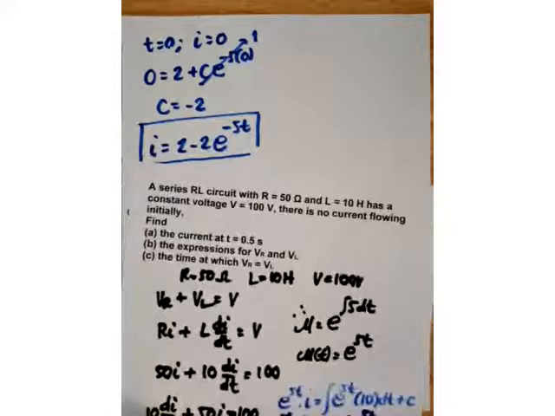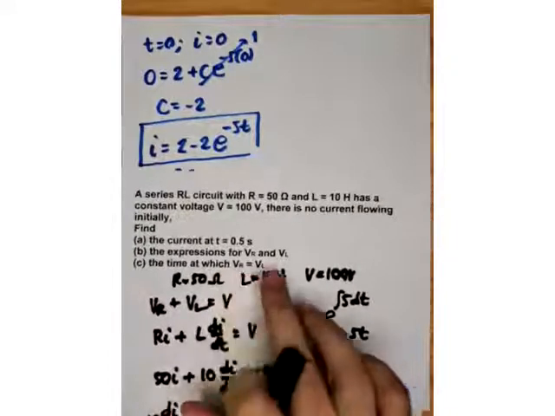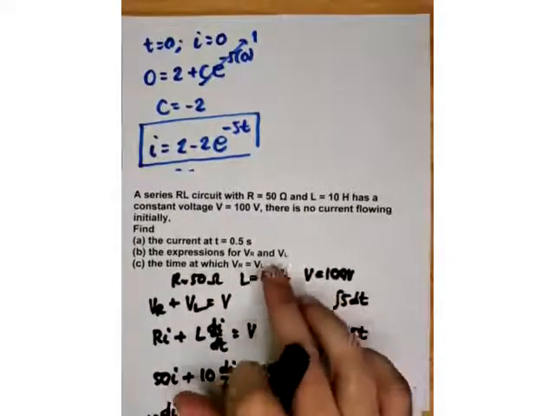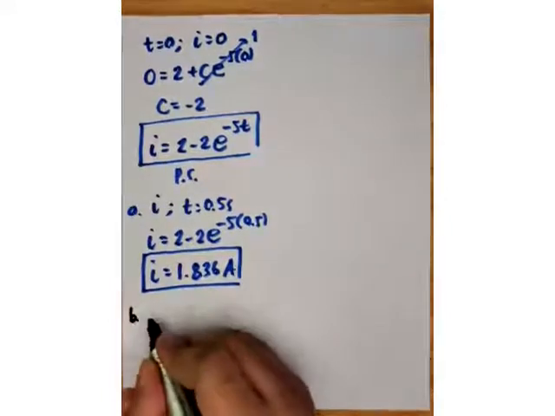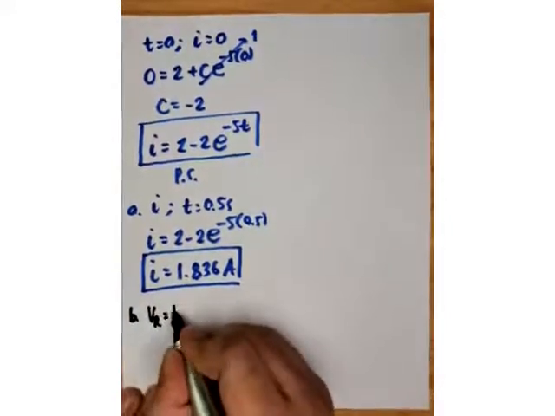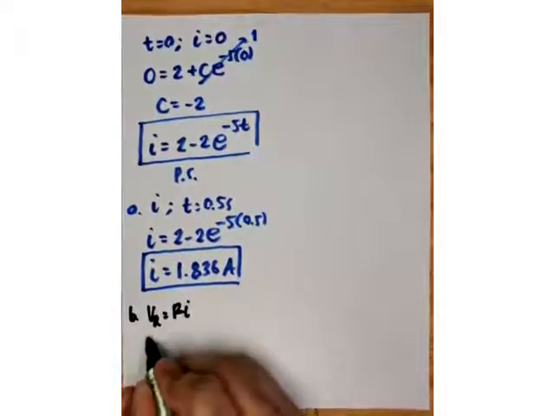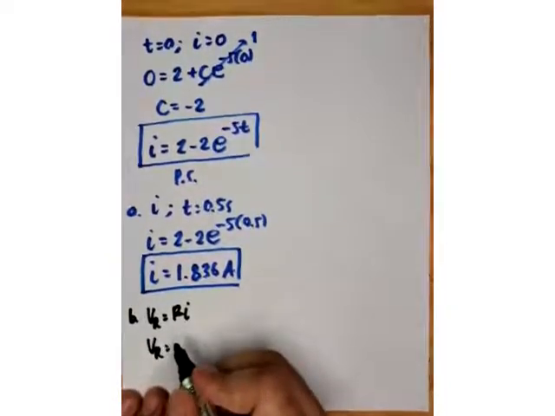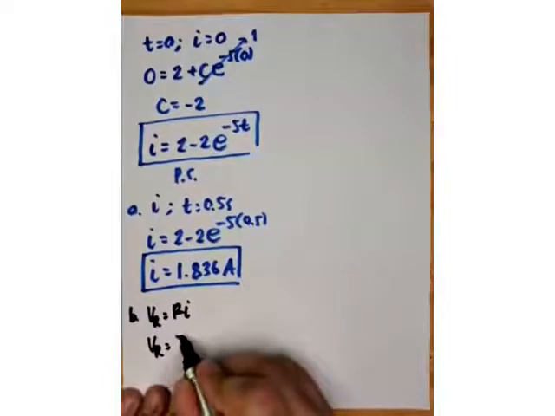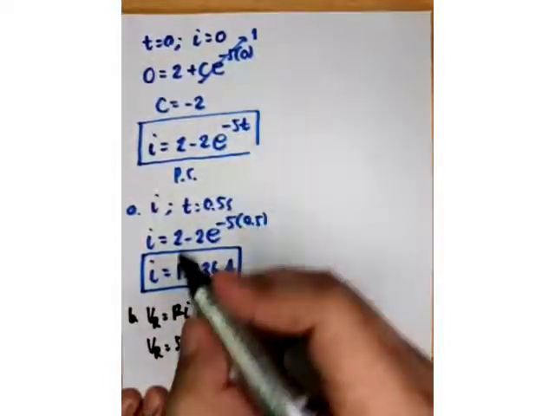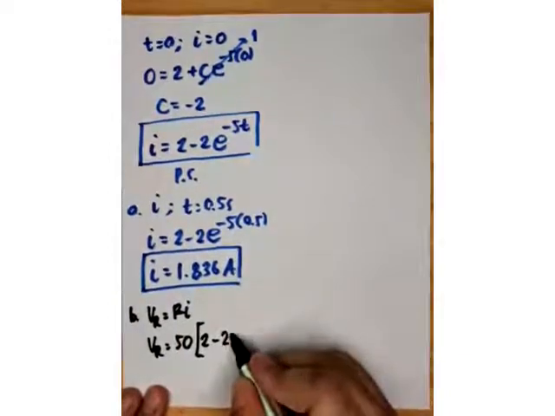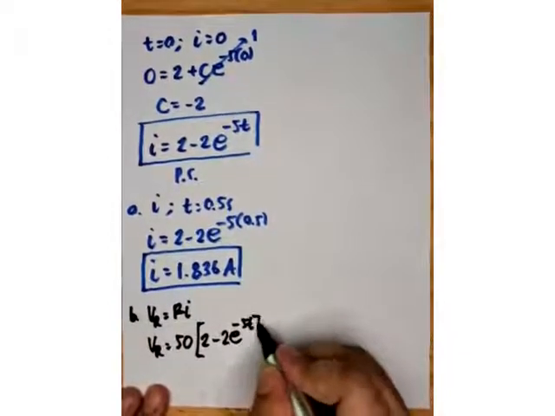Next, letter B. Find the expressions of VR and VL. What is VR? VR is RI. So VR is equal to, what's our R? R is 50 times 2 minus 2e raised to negative 5t.